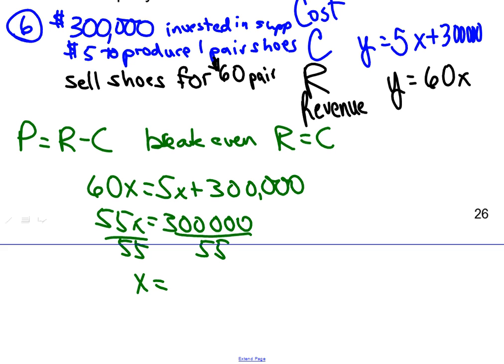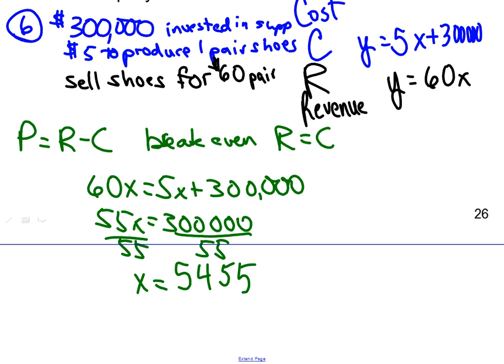And when you're getting that answer, I want it to the nearest whole number because one less pair would not have broken even, and so we'll just go a little over that. What is it? 5,455.